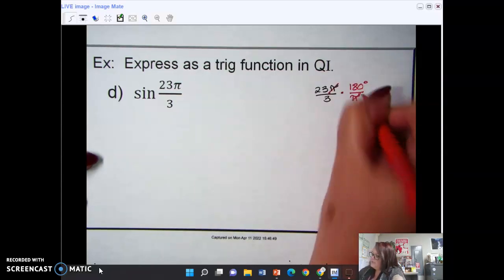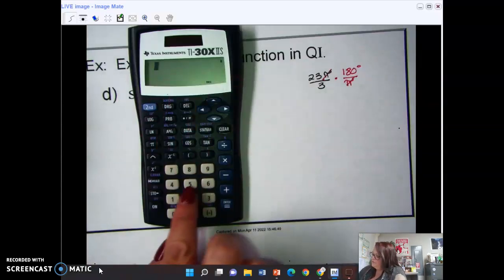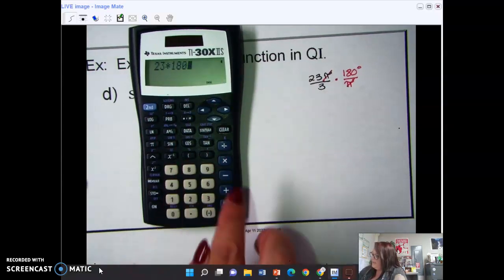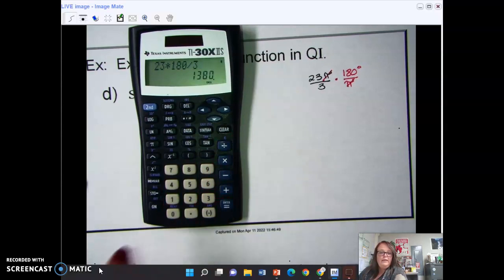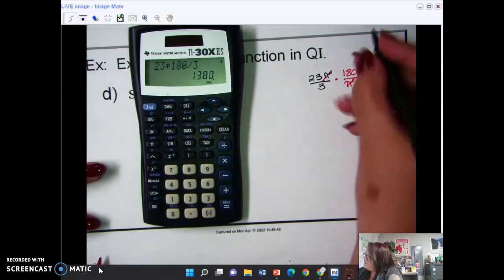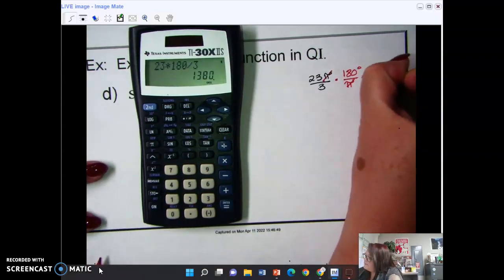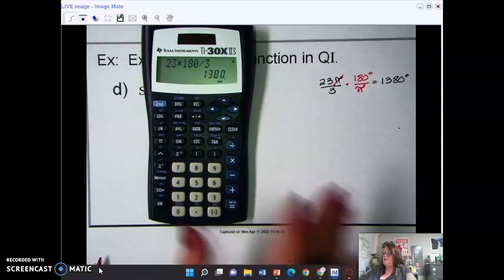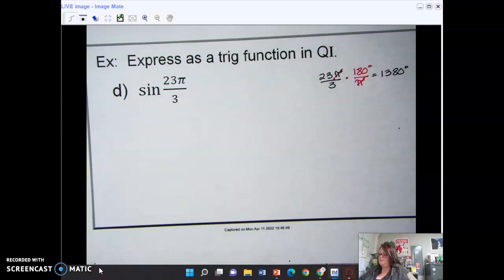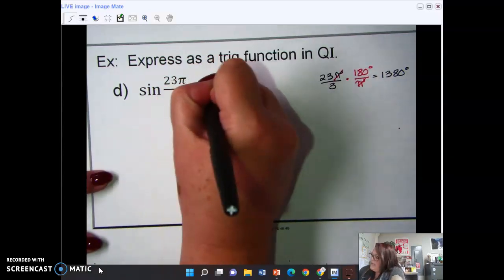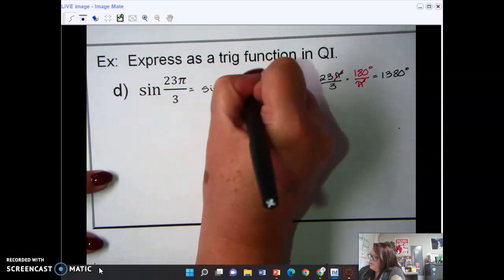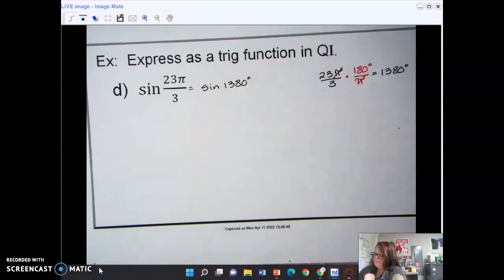So the pi's cancel, and if we do 23 times 180, and then divide that by 3, we get 1,380 degrees. So again, you can work this in radians, but I'm going to go ahead and change it to degrees. So this is the same as the sine of 1,380 degrees. Those are equivalent angle measures.